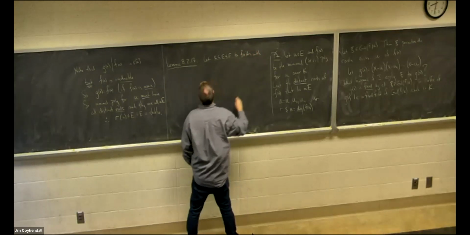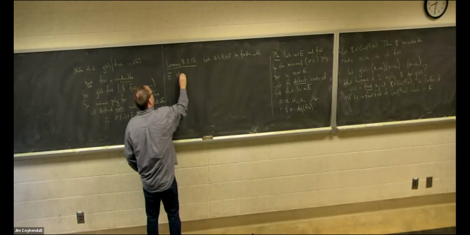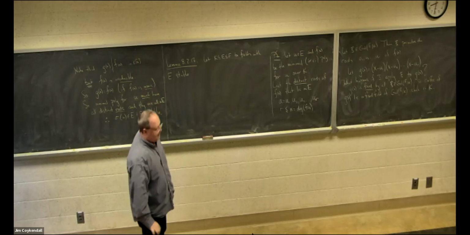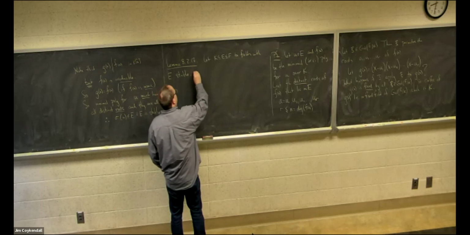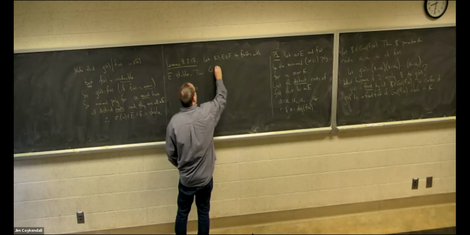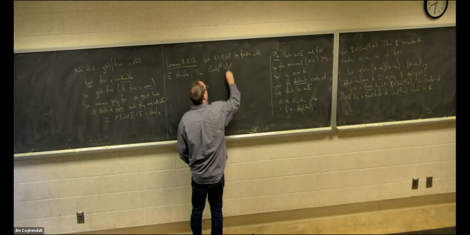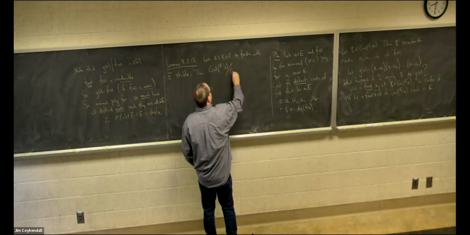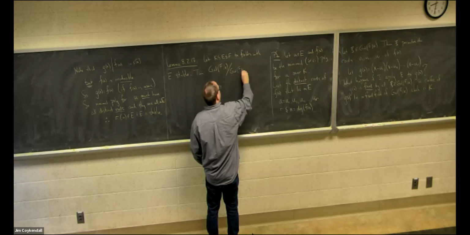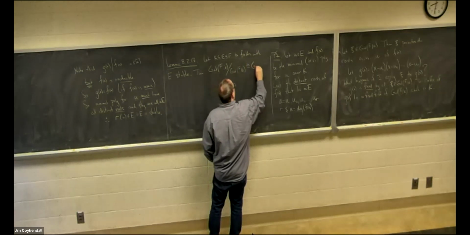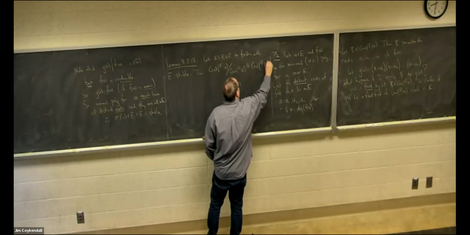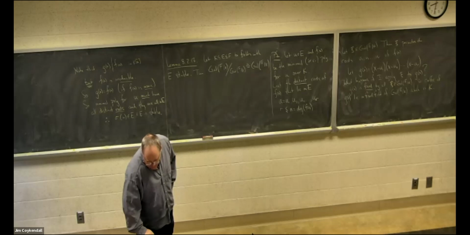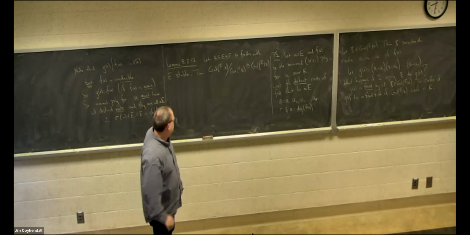With B stable, then the Galois group of F over K, modulo the Galois group of F over E, is isomorphic to the Galois group of E. Actually, I got carried away.